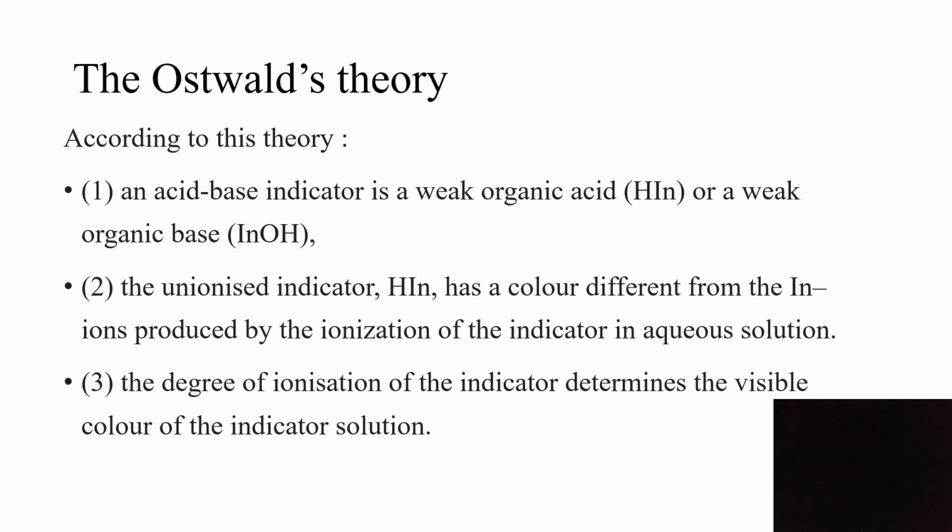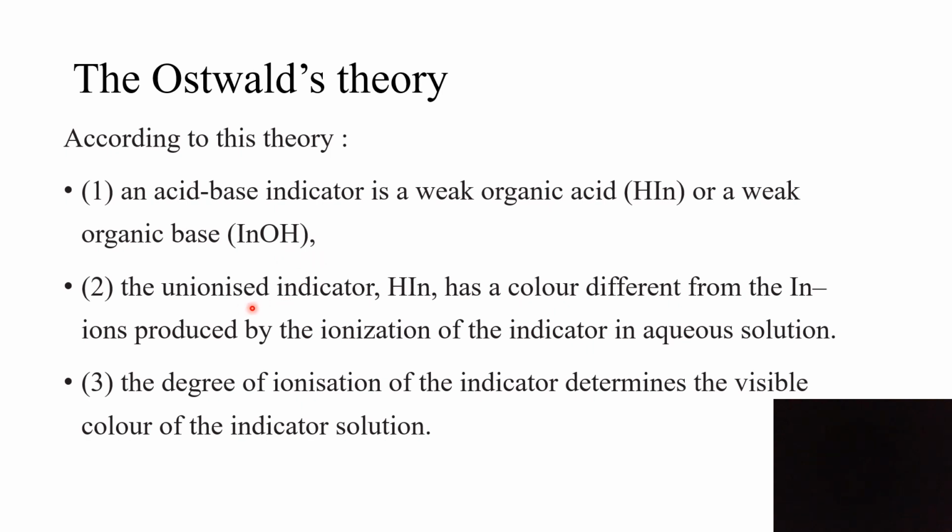The first one is the Ostwald theory. According to this theory, an acid-base indicator is a weak organic acid or a weak organic base. Here, an organic acid is indicated by HIn or an organic base is indicated by InOH. Methyl orange and phenolphthalein are both weak acids.